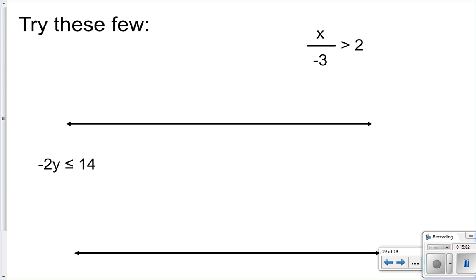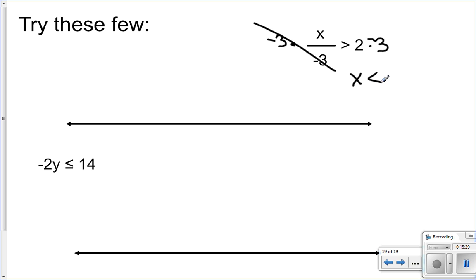Alright, try these few. Remember, when you multiply or divide by a negative, you have to flip the sign. So in this one, I'm multiplying by negative 3 to both sides. And I get x, oops, negative 3, there we go.